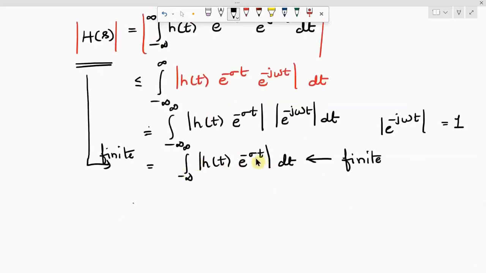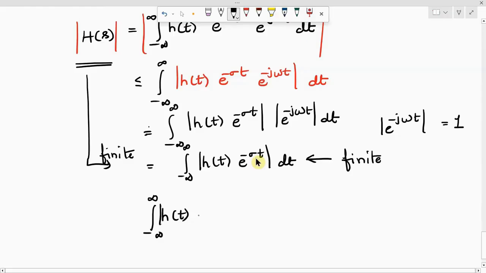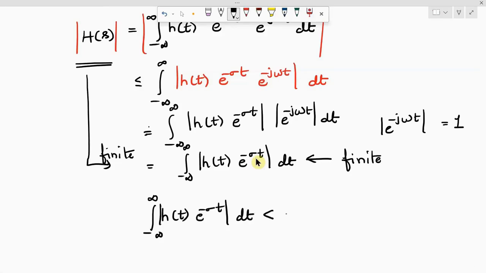That is how the condition arrived: integral of mod h of t e power of minus sigma t dt should be finite, which means it should be written as less than infinity.